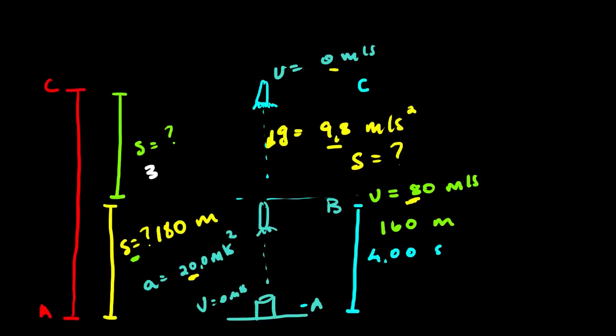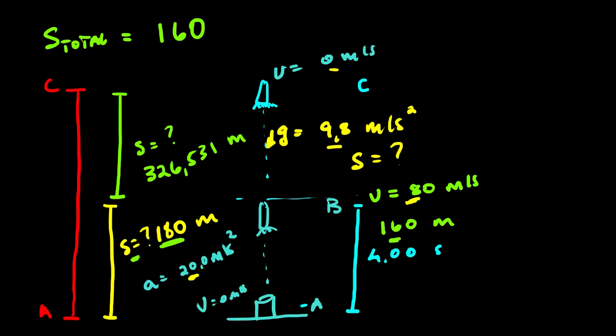So here we have 326.531 meters. Then it means to get the total, we are just going to add the 2. So the total will be 160, I mean, I've written 180 here.